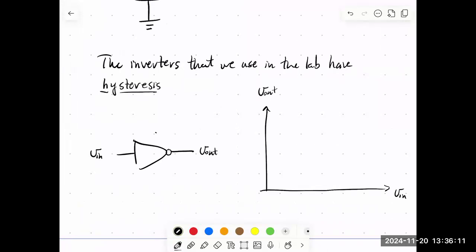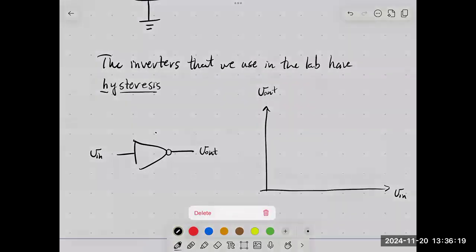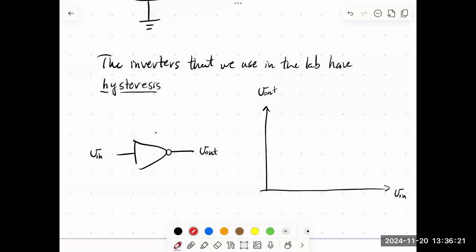If the input is low, 0, the output should be high. And so that's definitely true. So we know for sure that it's going to start something like this. And if I make the input high, like 5 volts, the output should go to 0. That's what an inverter does. So if I'm over here, my output should be down close to 0.